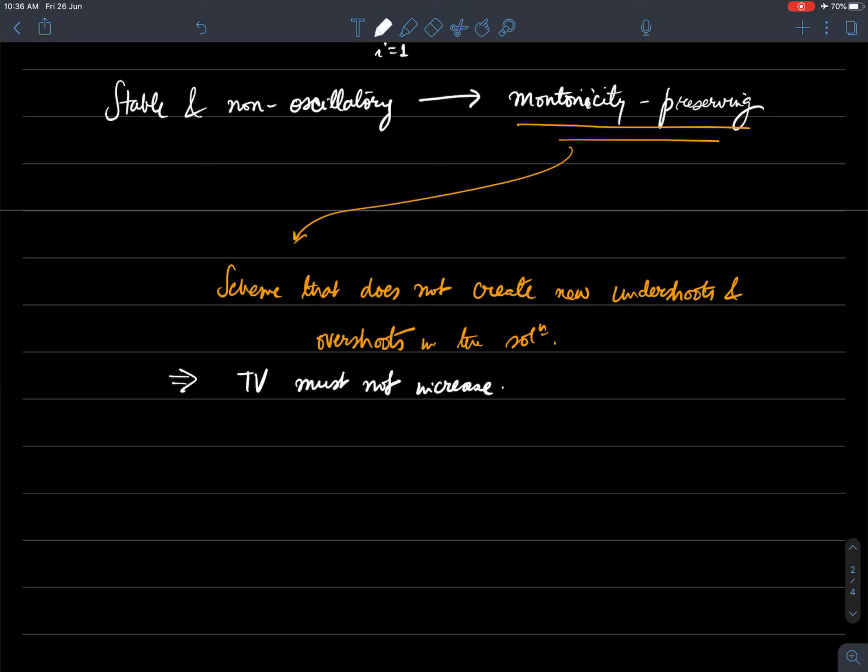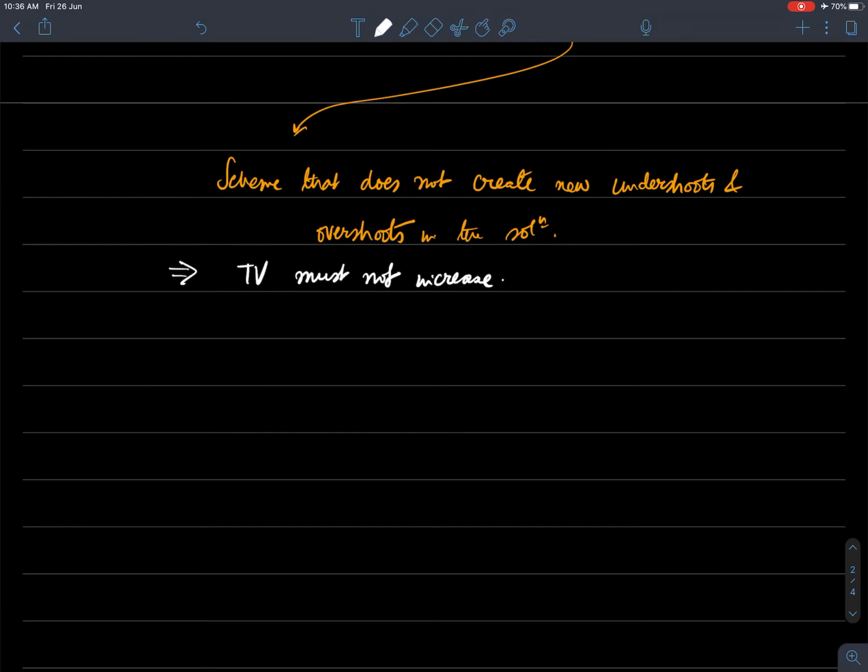And monotonicity preserving schemes essentially have this property that the total variation of the discrete solution, by the way, because we are doing a discrete calculation process, does not increase, or it diminishes with time.